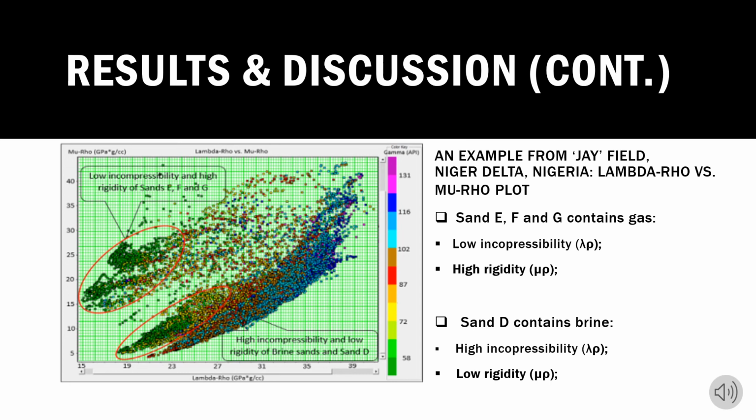So the sands E, F, and G, which contain gas, show low incompressibility, which is low Lambda-Rho, and high rigidity, which is high Mu-Rho. And the sand D, which contains brine, shows high incompressibility and low rigidity.